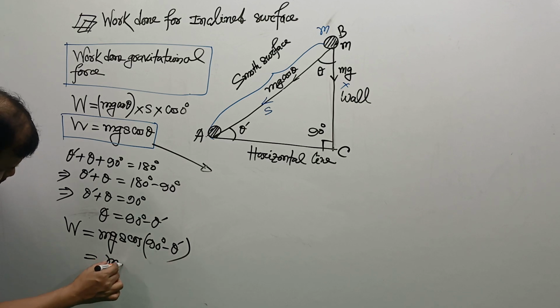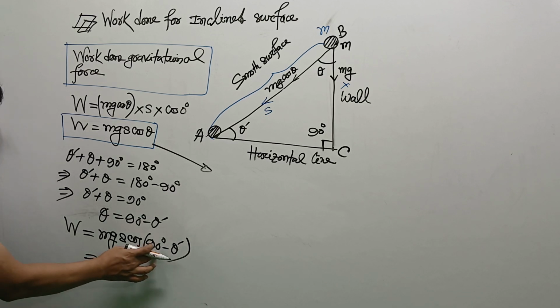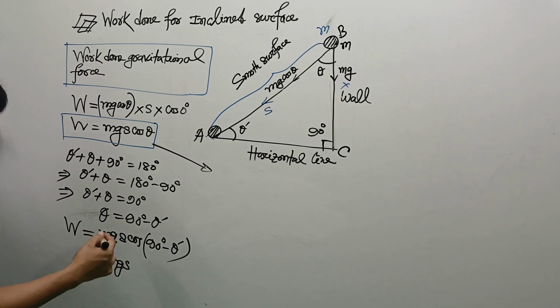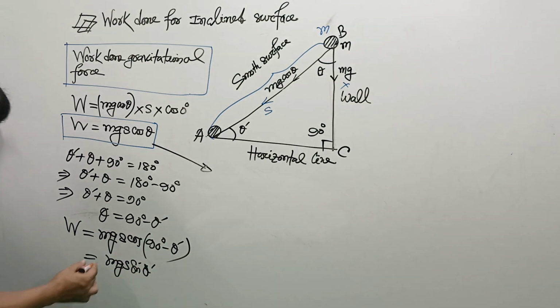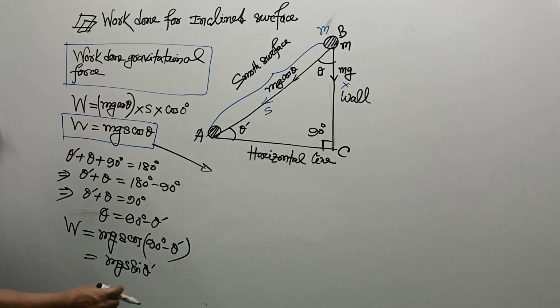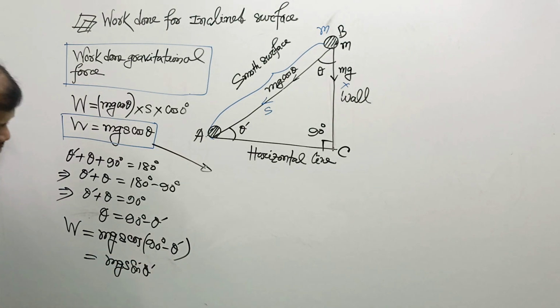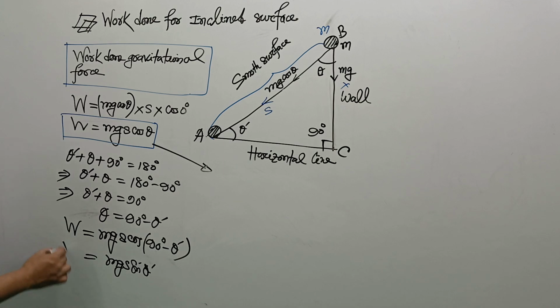We know that for 90 degrees, the operator cos changes into sine theta prime, and this is a positive sign because the angle is in the positive quadrant. So here we get another equation.